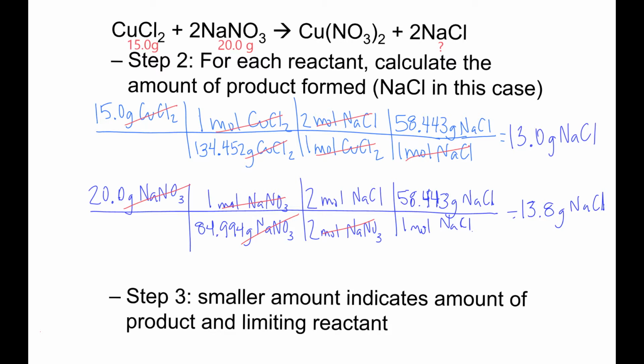and that amount happens to be the 13 grams of NaCl. And I am attempting to highlight it, but it apparently is not going to. So I will just box it in. 13 grams of NaCl.